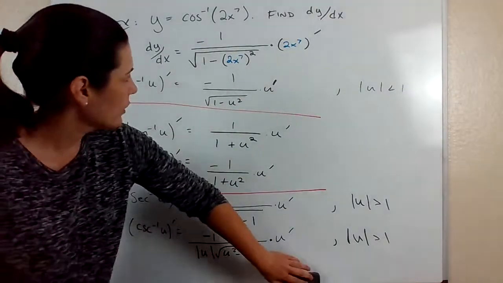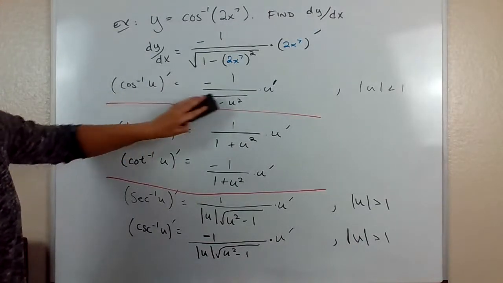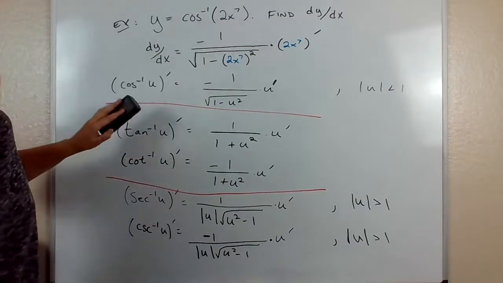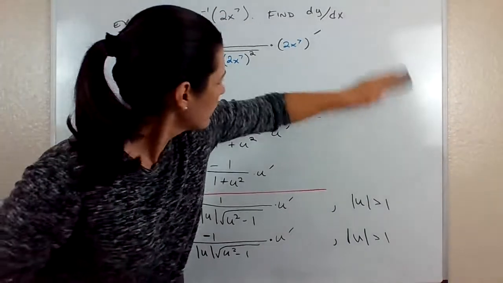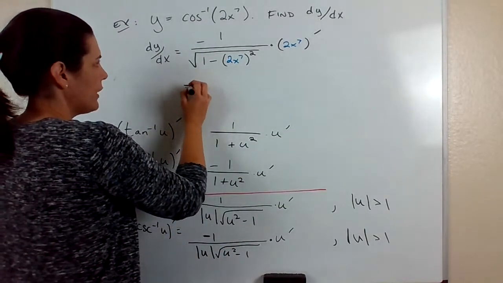Notice it looks exactly like what I have right here. I just filled in the fact that our argument was 2x to the 7th.